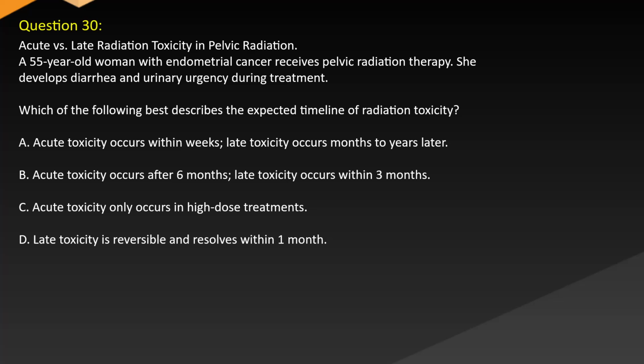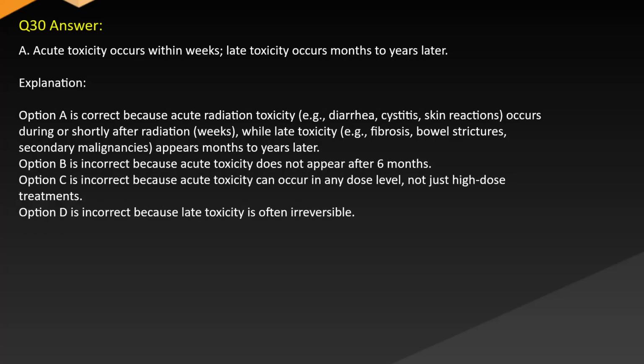Late toxicity occurs months to years later. B. Acute toxicity occurs after 6 months. Late toxicity occurs within 3 months. C. Acute toxicity only occurs in high-dose treatments. D. Late toxicity is reversible and resolves within 1 month. Answer: A. Acute toxicity occurs within weeks. Late toxicity occurs months to years later.